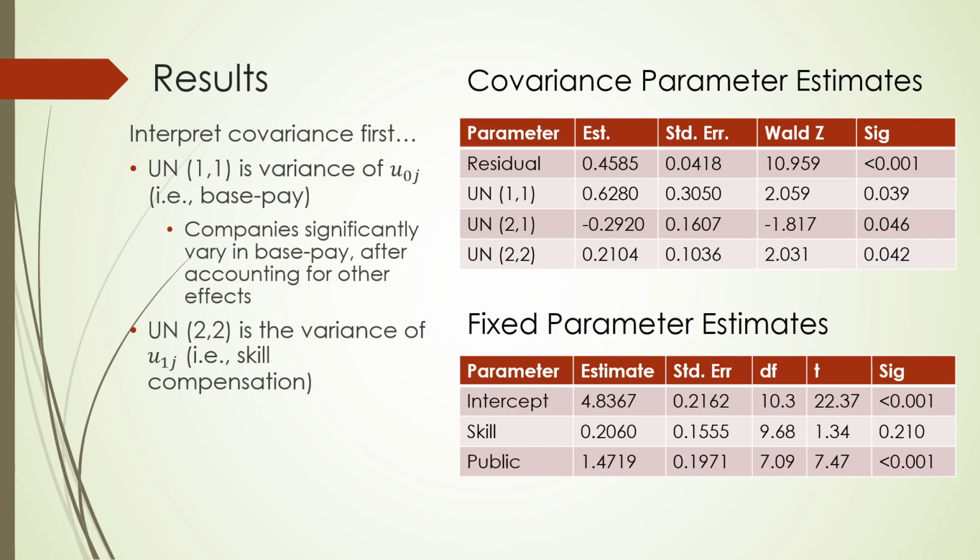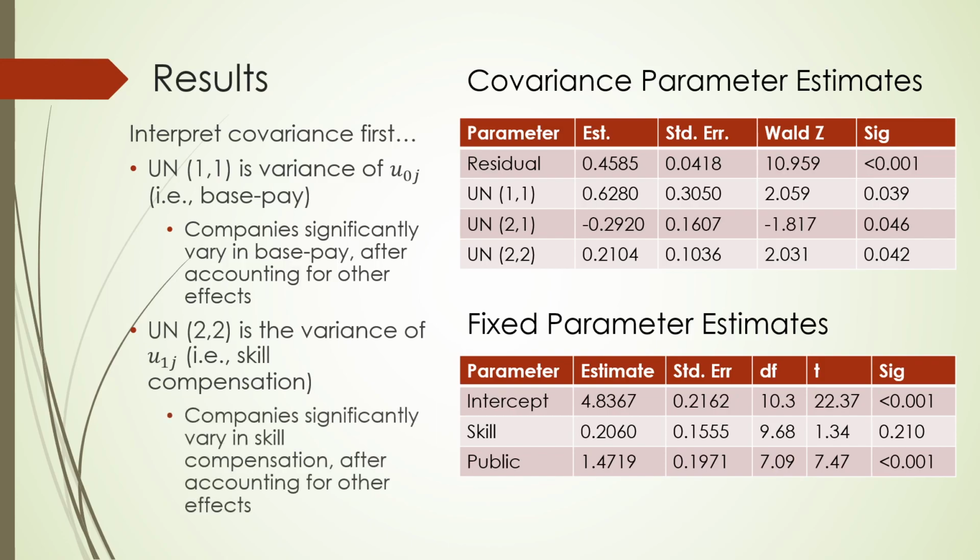Interpreting that and again dividing the significance by 2, I see that skill compensation does statistically significantly vary from company to company after accounting for other effects. That is to say, it's important that we have both of these random components in the model because companies are varying based on this.